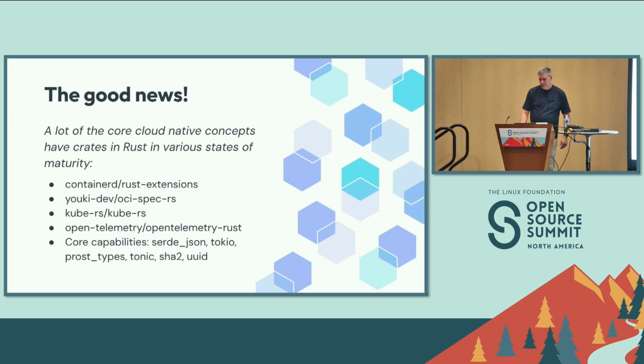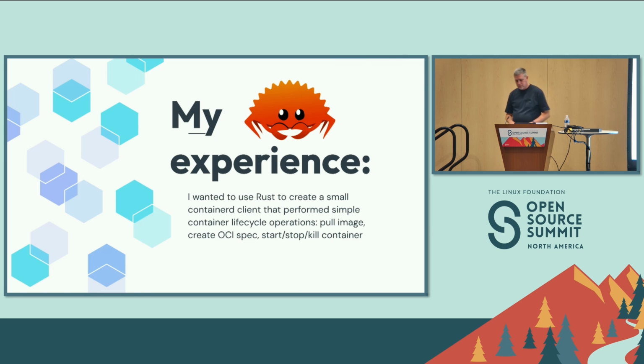But again, I found a lot of workable components that were mature enough and useful enough for what I needed to do. So again, my specific experience is that I wanted to use Rust to create a small Containerd client just to drive Containerd lifecycle operations.